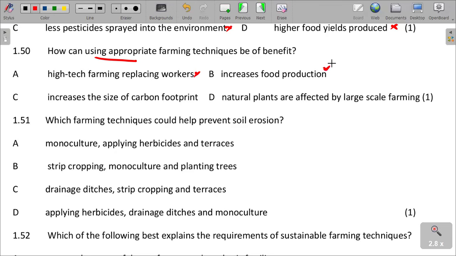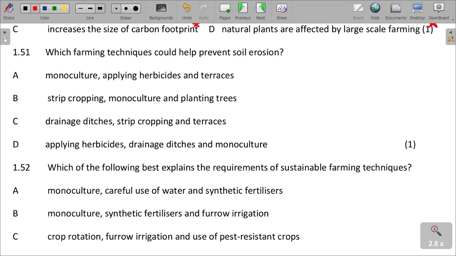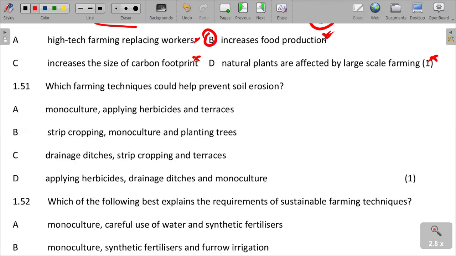Increases food production. It can increase the size of carbon is not a benefit. Natural plants are affected by large-scale farmers is not a benefit. So our answer is B, which means that it can increase food production using appropriate farming techniques.